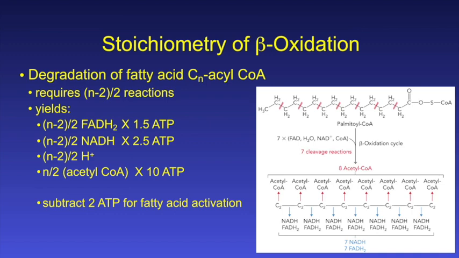Bring back that number when you come back next time. All right? It may be a few. The question is, oxidize a 16 carbon fat. How many ATPs do you produce?